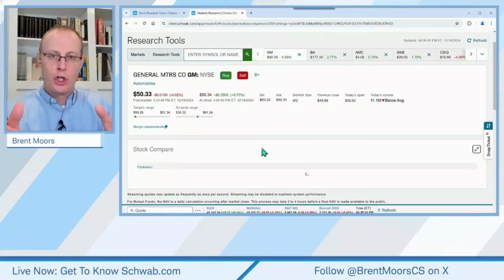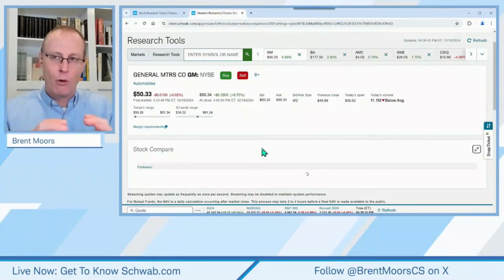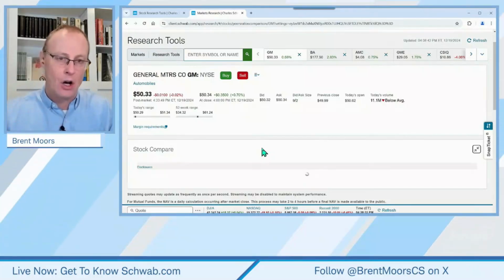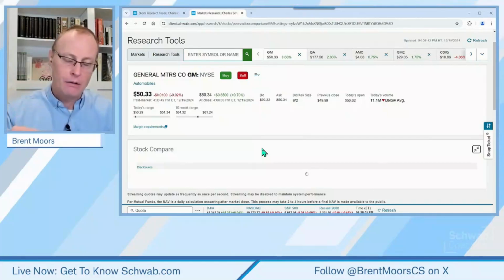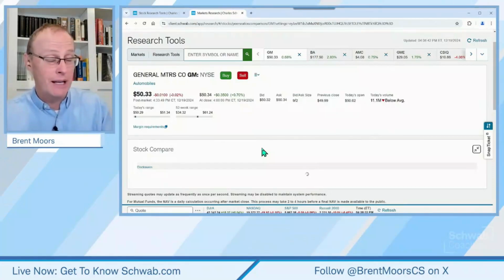What I just showed you in terms of the peer comparison, you will see in expanded form with more data points, including future earnings per share, projected earnings per share, which a lot of people like to see.